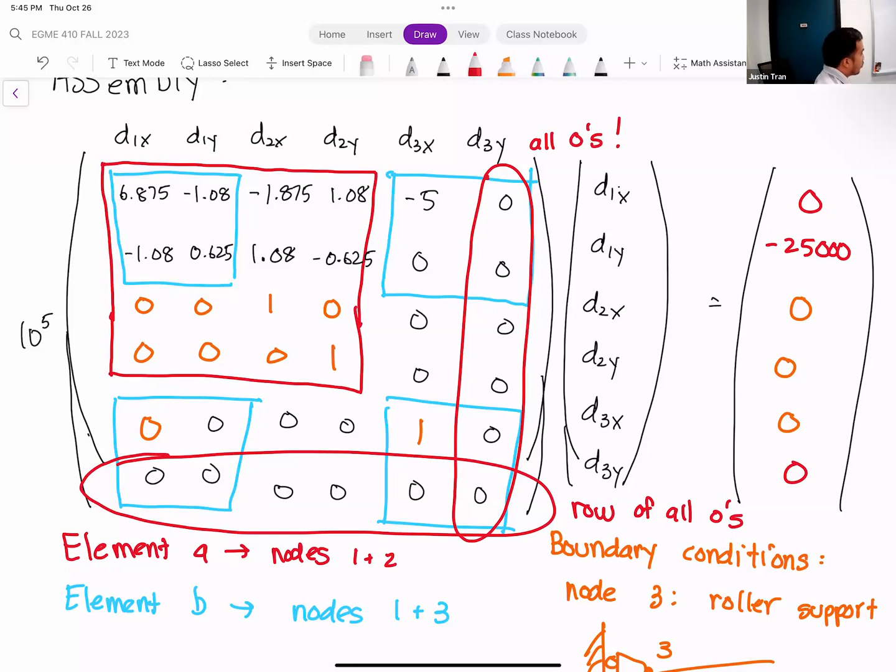What that means is that we don't have anything that's constraining or stopping d3y. In fact, we have no stiffness in that direction.